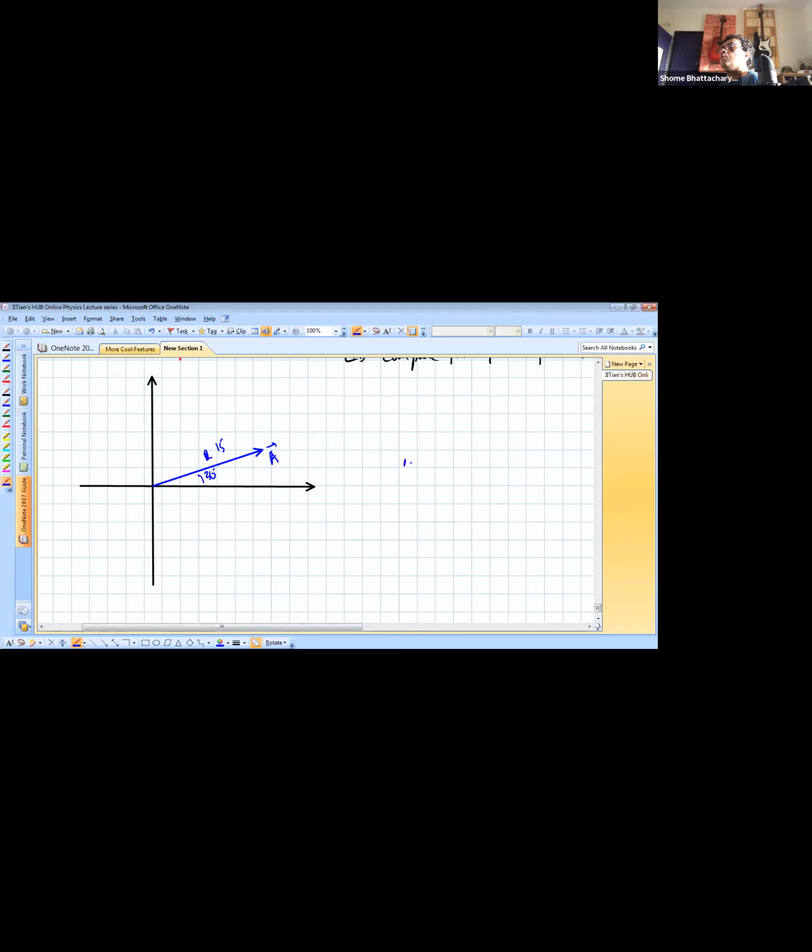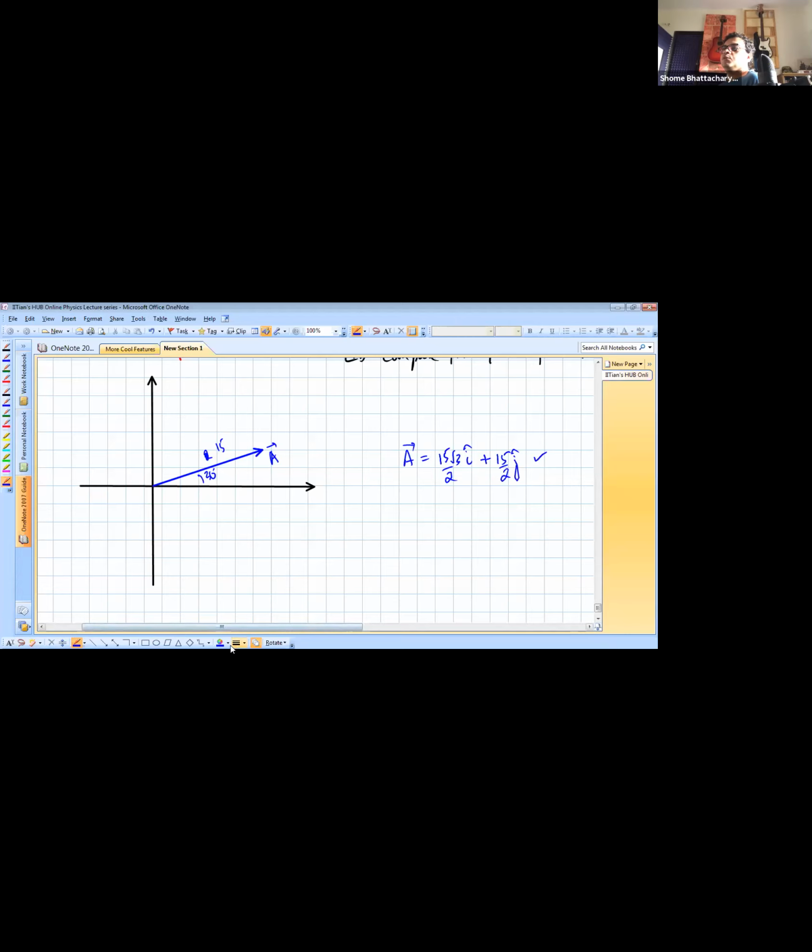So the vector A in component form will become 15 cos 30, so that is 15 root 3 by 2 I cap plus 15 into half J cap. So this is your vector A.